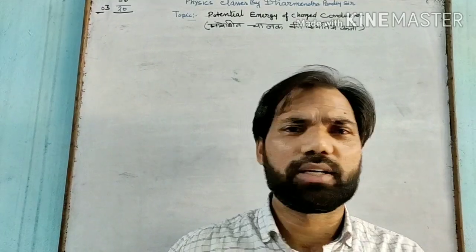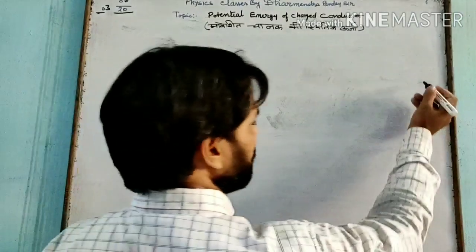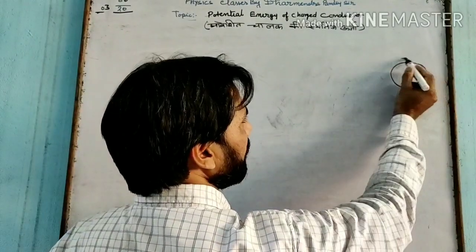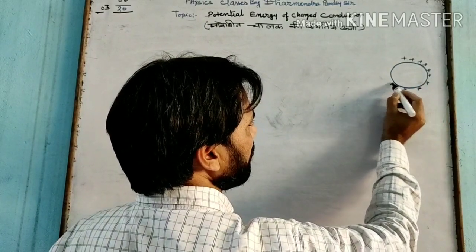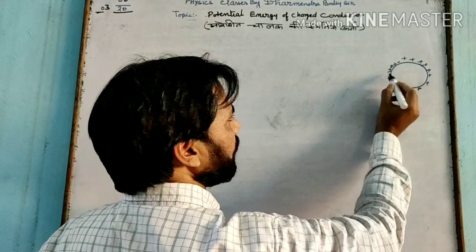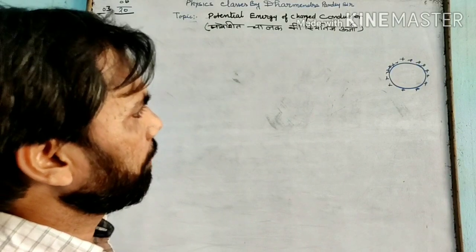in charging the conductor. Let us assume that this is a spherical conductor and charge Q is given to this conductor. Then all the charges are equally distributed over the surface of this conductor.